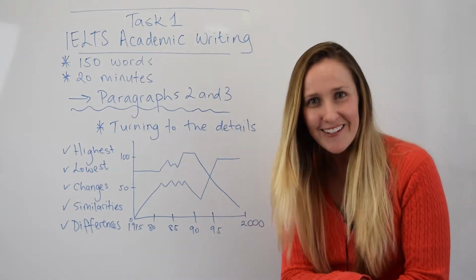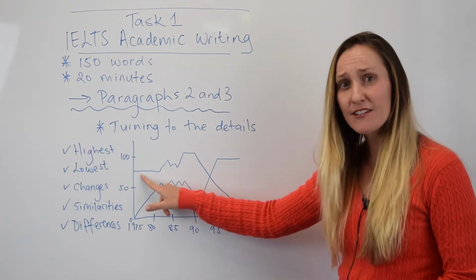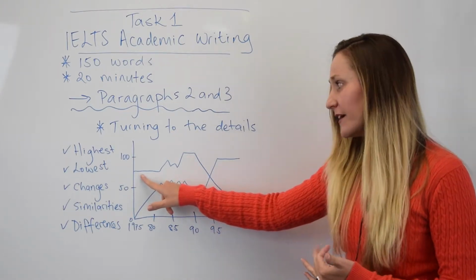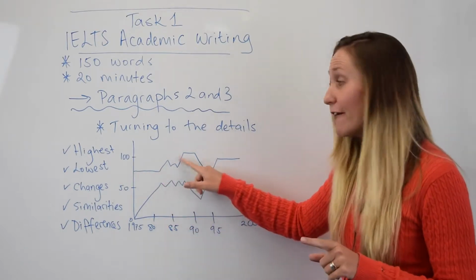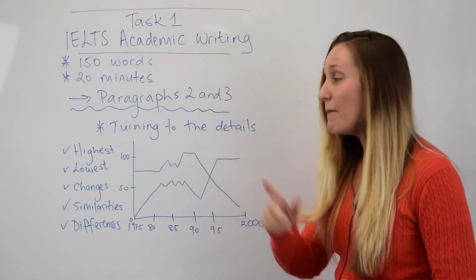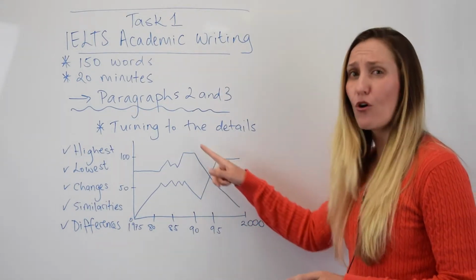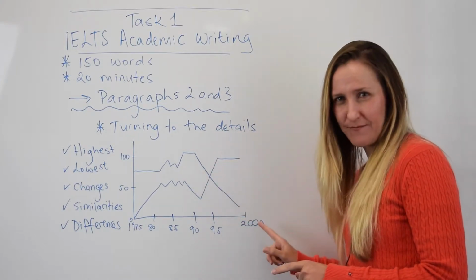On the other hand, or in contrast, the second line starts significantly higher. It does also have a period of fluctuation, which is a similarity, but then towards the end of the period, it has a significant or rapid decline.